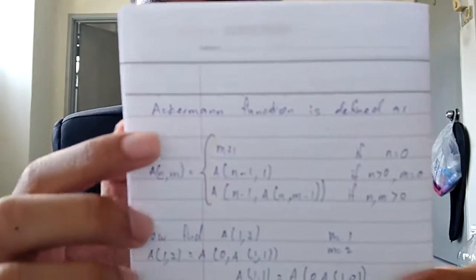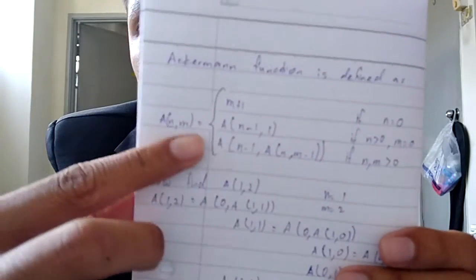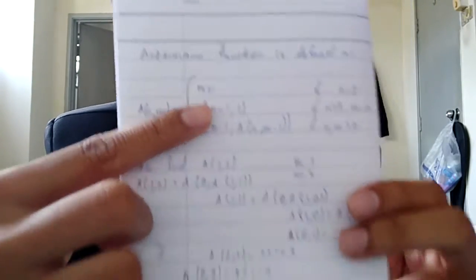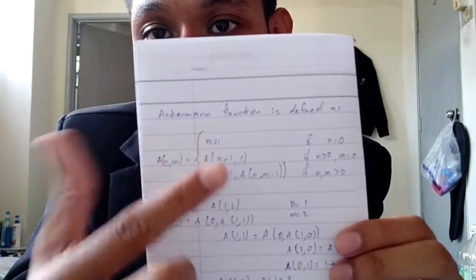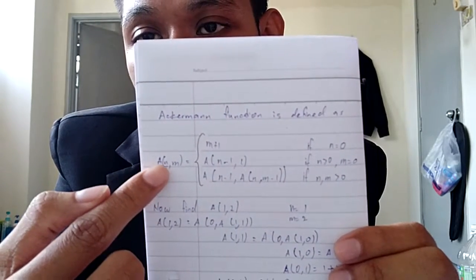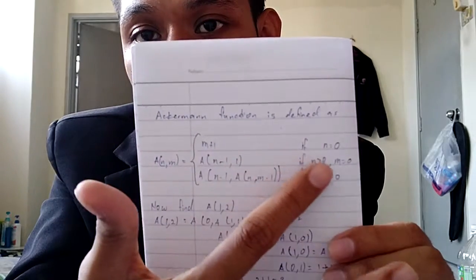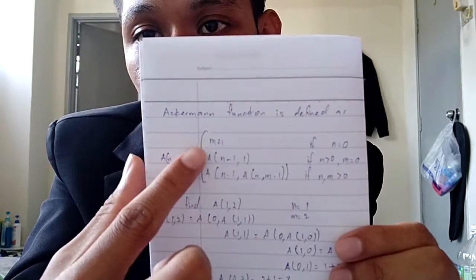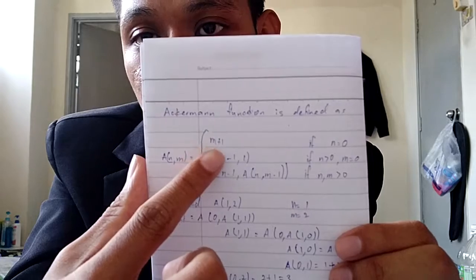Okay, next is the nested recursion. We have to use the Ackermann function as the example. Ackermann function is defined like this. If you can see here A, n and m: if the value of n is 0, we have m plus 1.